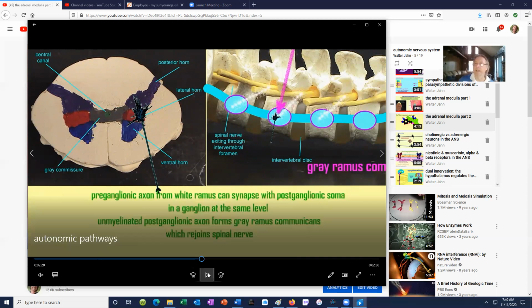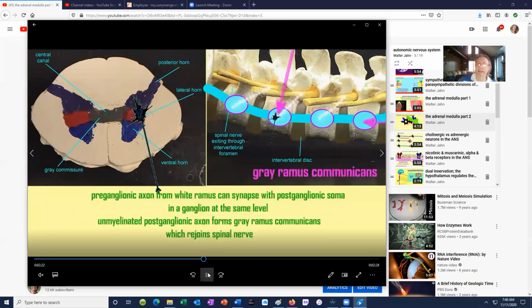Remember that the postganglionic axons are unmyelinated, so it's what's called the gray ramus communicans, because without the myelin, it has a duller color. So the white ramus has the preganglionic axons, which are myelinated, and then after the synapse in the ganglion, the gray ramus then goes back to the spinal nerve with the unmyelinated fibers.